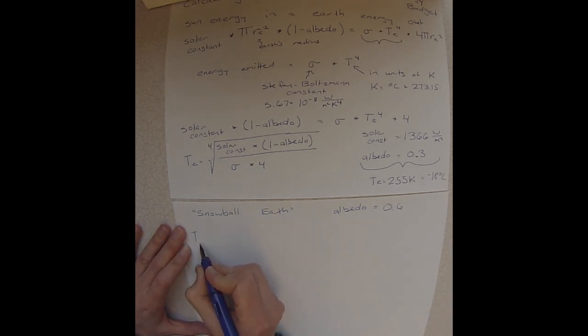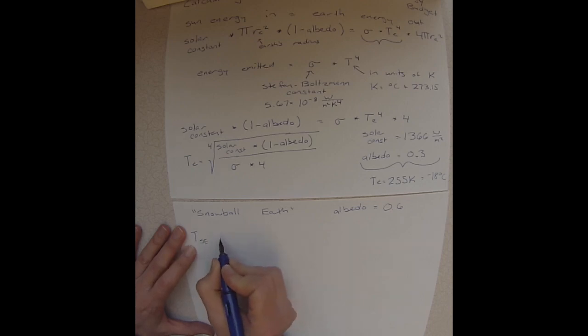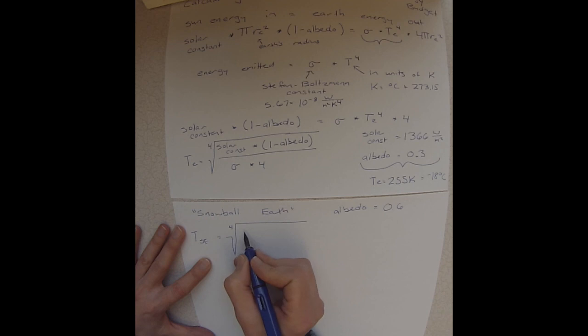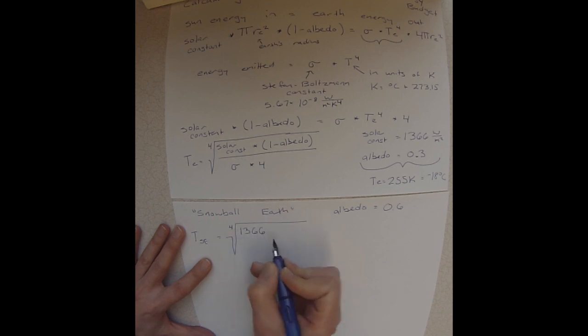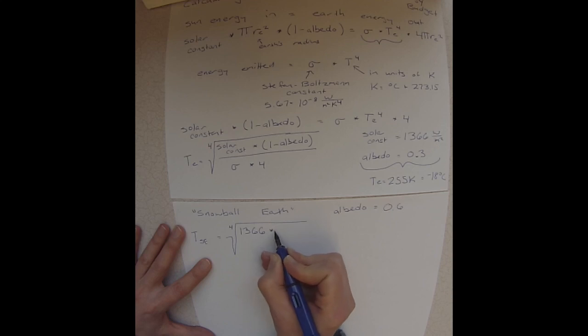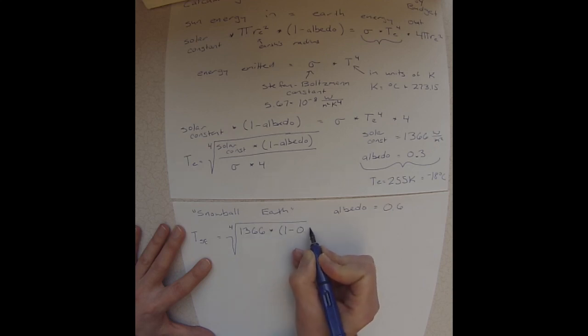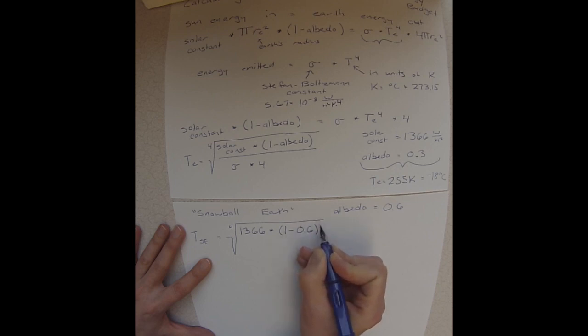Okay, so the temperature of our snowball Earth, call it SE for snowball, I guess, is going to be equal to that fourth root times my solar constant, which hasn't changed in this case, still 1366, times 1 minus the albedo, but my albedo is now 0.6.